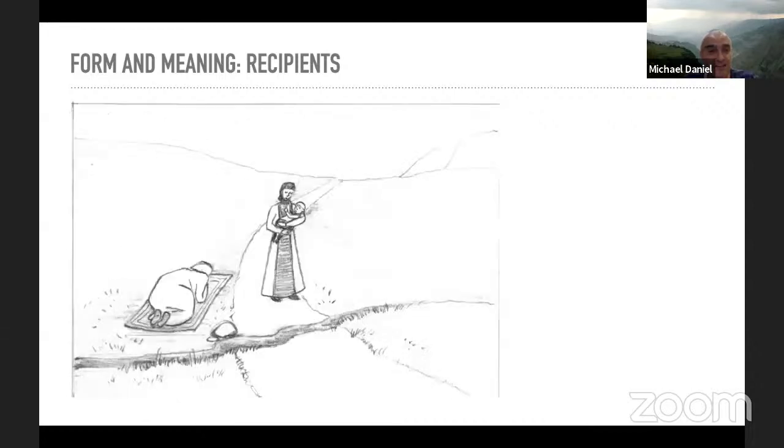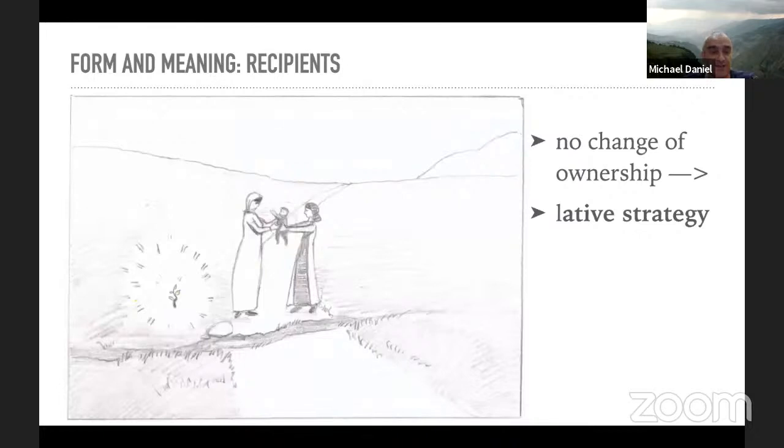Then she prays, then she stands up, and then the first woman hands the baby back to the second woman, to his mother. Again, no change of ownership, because the baby did not belong to the first woman. So again, lative strategy. Okay.